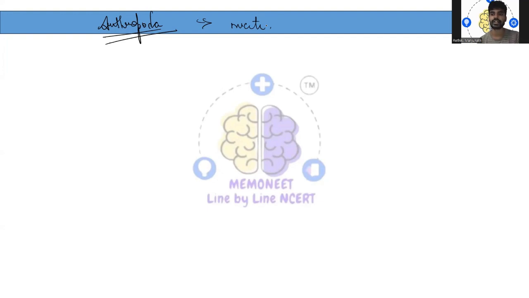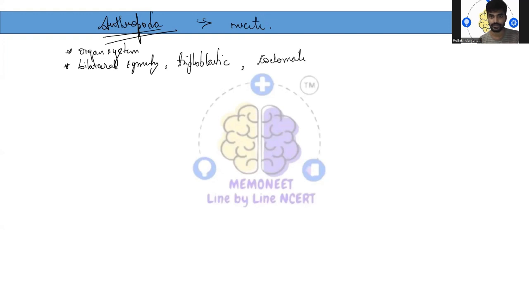They have an organ system level of organization, bilateral symmetry, and they are triploblastic and coelomate animals. That means they possess a true coelom.